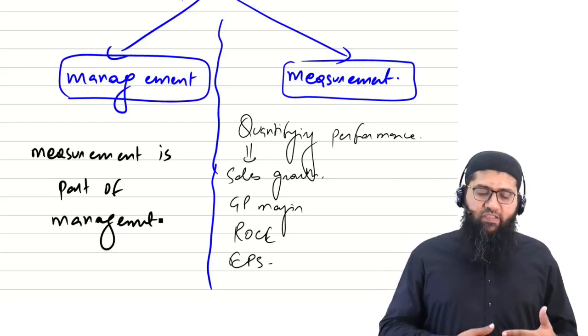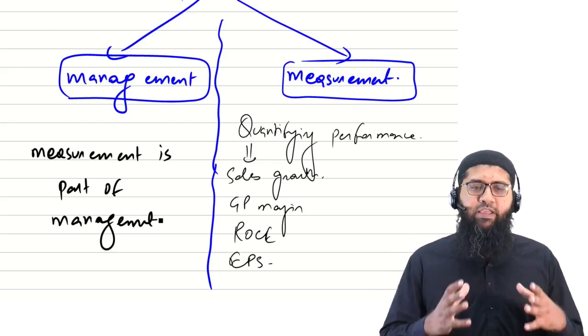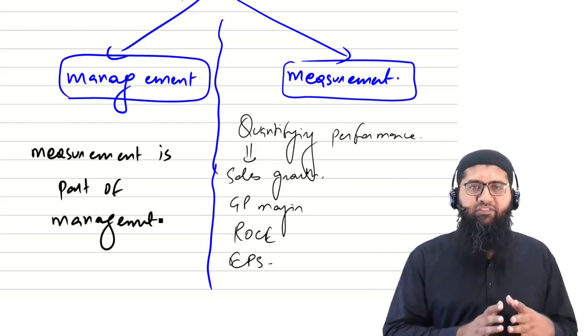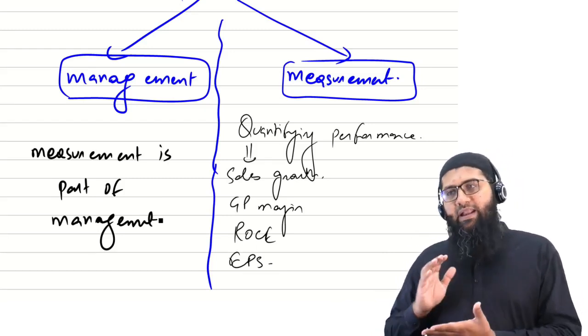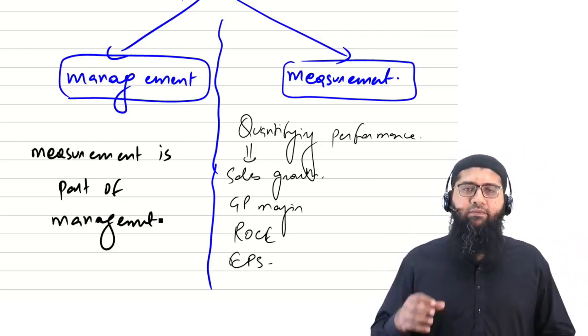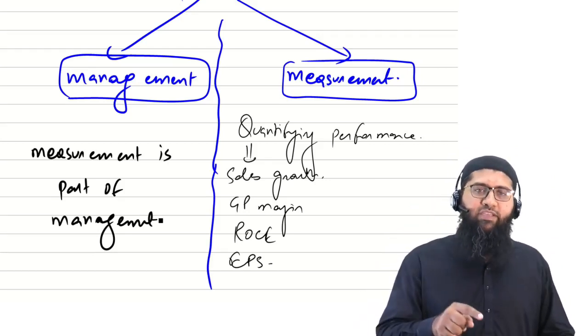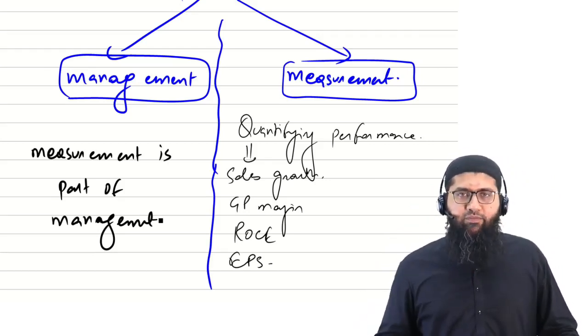So I repeat, the first step is measurement. You measure the performance, you quantify the performance, you get an idea how the organization is performing, and then you manage it. When you manage it, you perform the activities, the tasks, the corrective actions just to make sure that you're able to achieve your objectives.